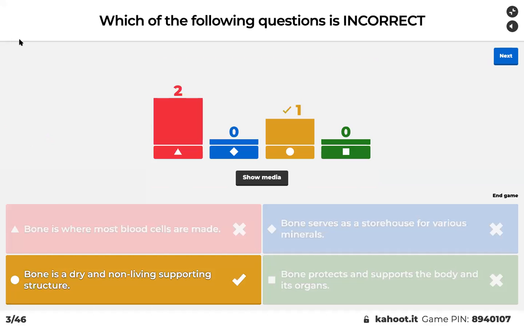Okay, so bones are actually where most of your blood cells are made, because it's inside the bone marrow, and bone marrow is inside your bone.